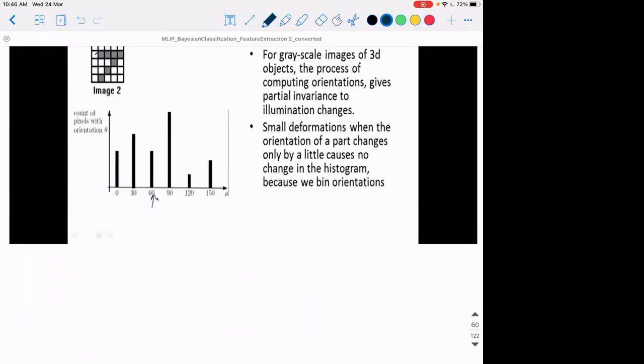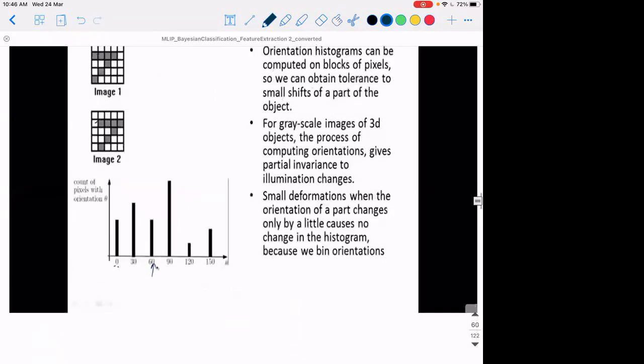That means 0 to 30 degrees I will put in one bin, 30 to 60 another bin, and so on. So while doing so, if the 7 here is slightly rotated, less than 10 degrees, there is no harm. It will again come into roughly the same bin. So it is invariant to small rotations.